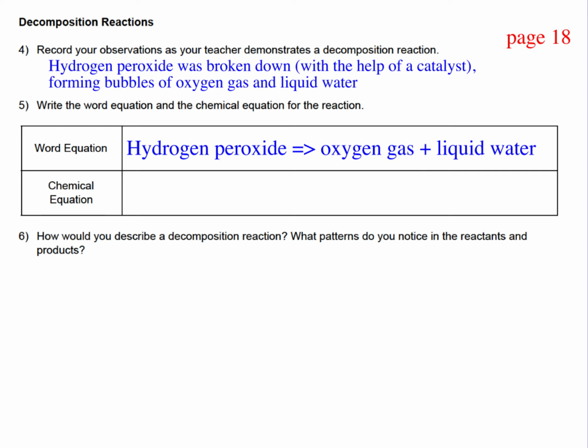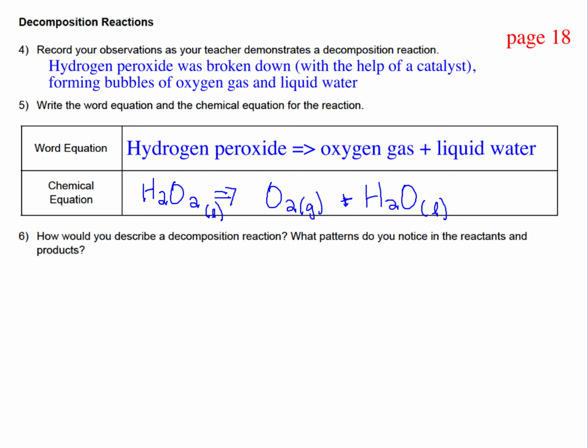And then how would we write that down? Well, hydrogen peroxide, if we look at the chemical formula for it, is H2O2, reacts to form oxygen gas. Oh, and this was a liquid. O2 gas plus liquid water, H2O, again liquid.